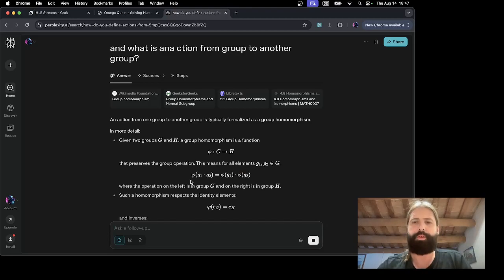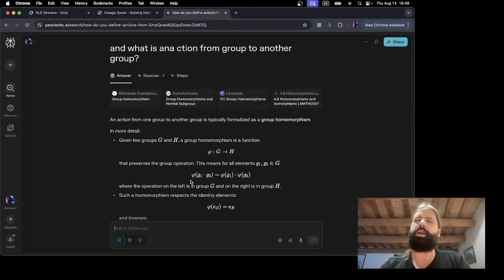As a group homomorphism. Okay, so an action is really kind of a function. So if you say an action is how you define, because I guess the action from a group on a set is just a way to define. It's probably just a way to kind of project that group into a set, right?